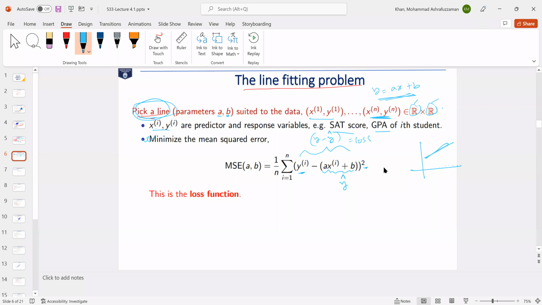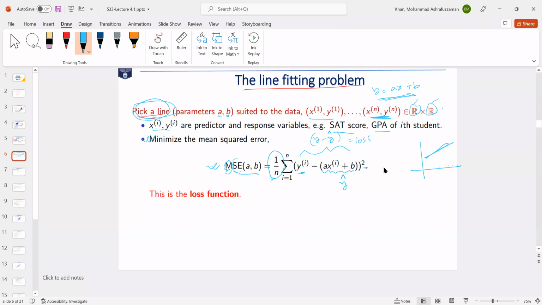We don't want that, because if there is a loss, it's a loss, be it a positive or negative value. So we want to square it and then take the average of this loss. That's why we call it mean squared error. Basically, it's a squared error, but we are taking the mean for all our data points.